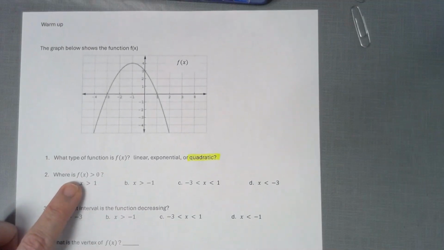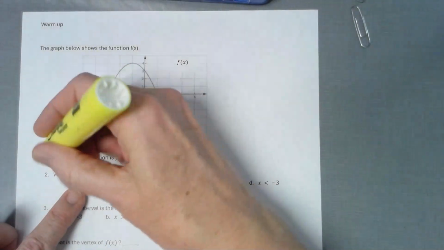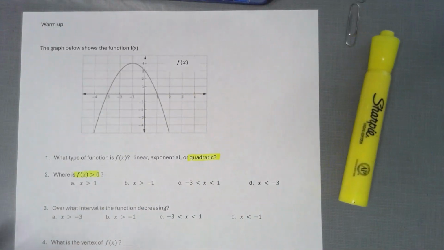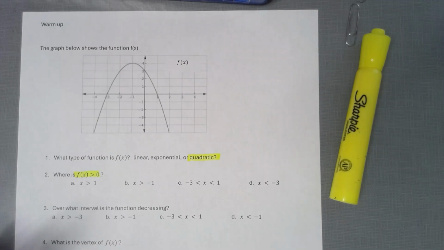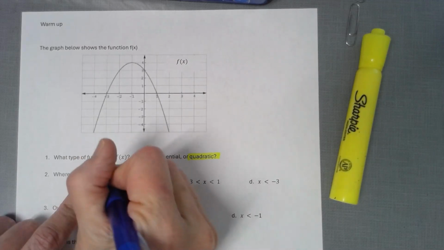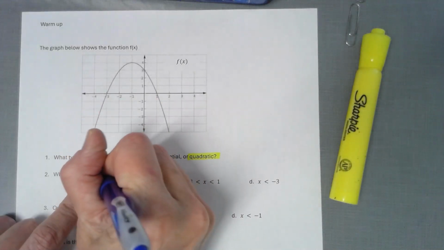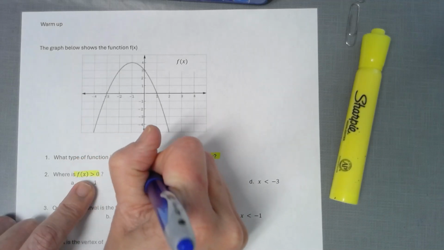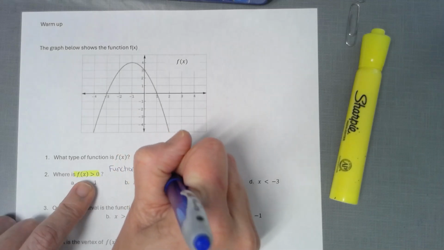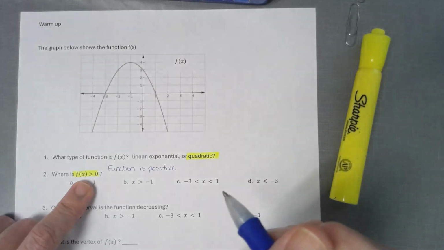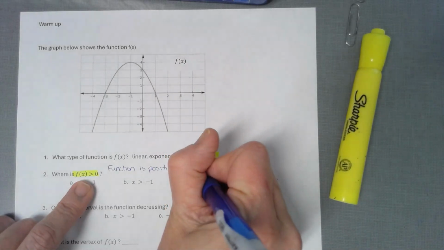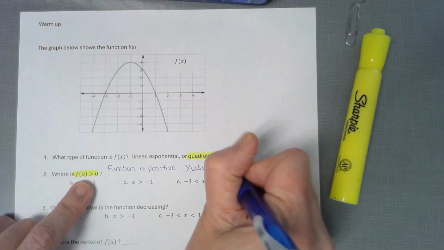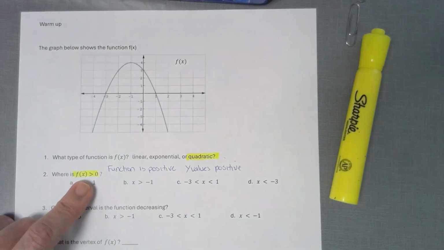This was from yesterday. It says, where is f of x greater than 0? And I told you this notation was going to be tricky. But in yesterday's notes, remember, this is where the function is positive. That means positive. In other words, this is where the y values are positive. And again, this is in your notes from yesterday. And remember, we talked about that is above the x-axis.